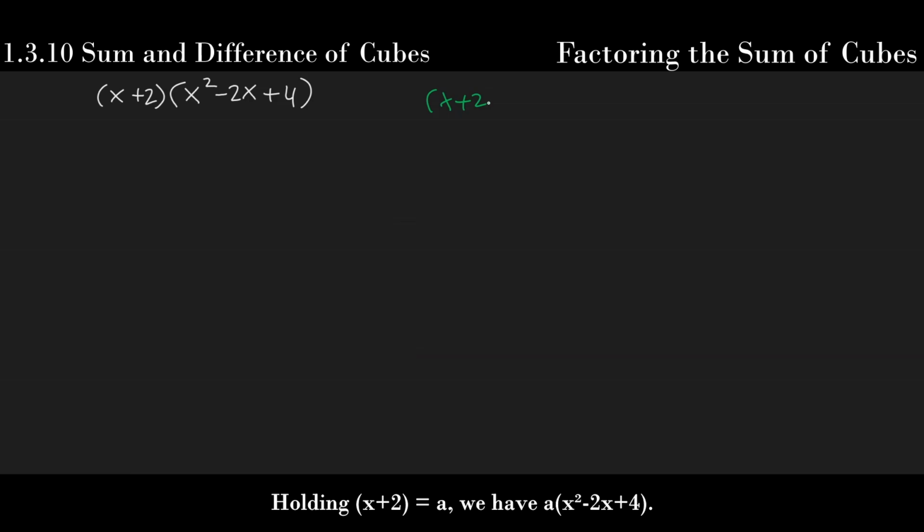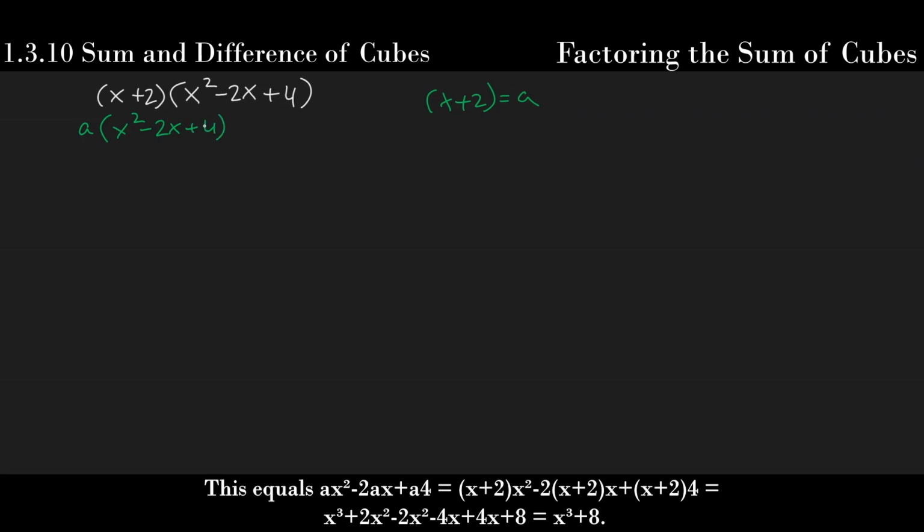Holding x plus 2 to equal a, we have a times x squared minus 2x plus 4. This equals ax squared minus 2ax plus 4a. This equals x plus 2 times x squared, minus 2 times x plus 2 times x, plus 4 times x plus 2.